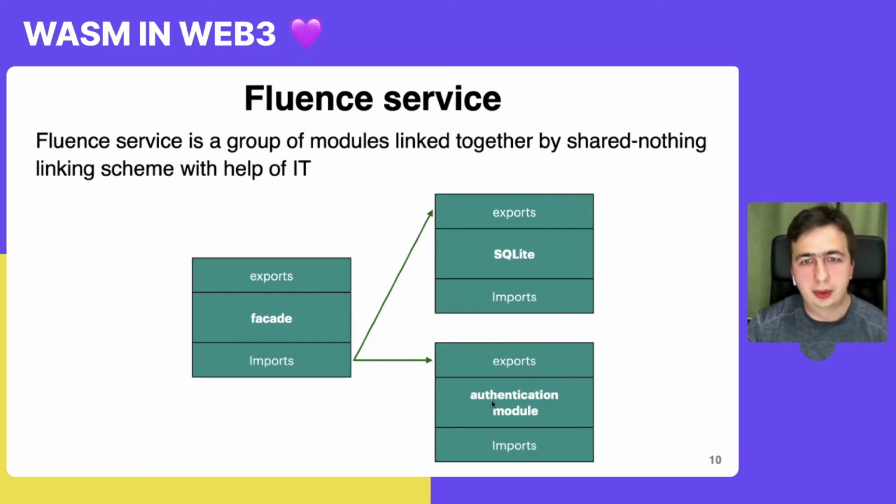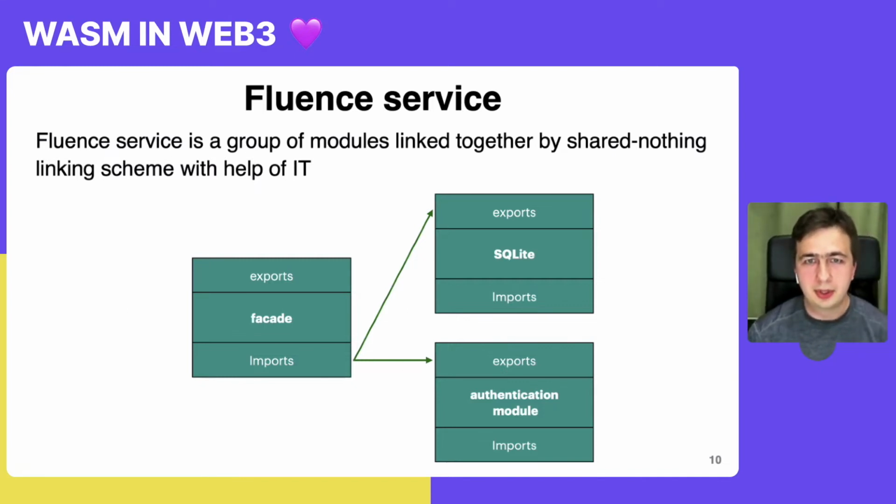And the third one, for example, could be some authentication module. It doesn't matter why. An important thing here is that they are linked by linking corresponding imports with corresponding exports, as shown in the scheme.